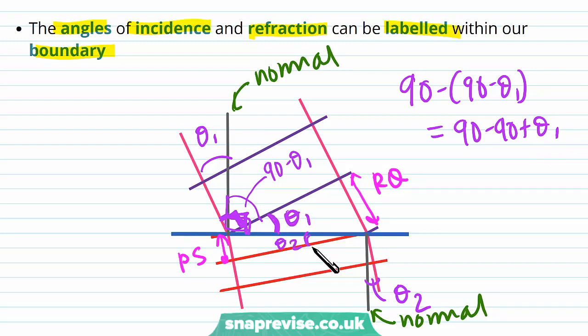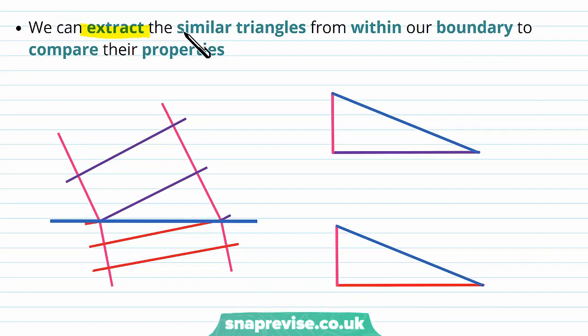We can extract the similar triangles from within our boundary to compare their properties. So we've said θ1 here, θ2 here. This side we've labelled RQ, this side we've labelled PS.